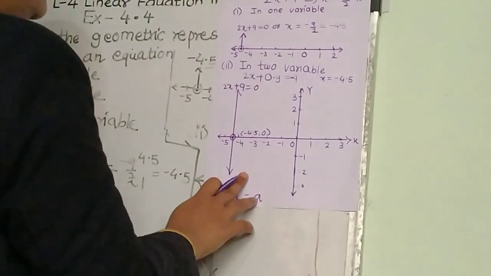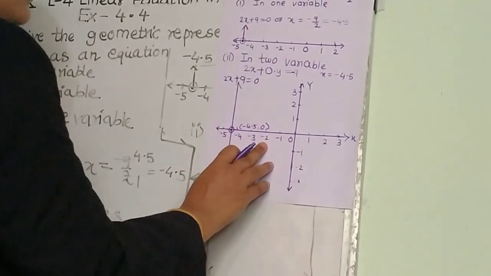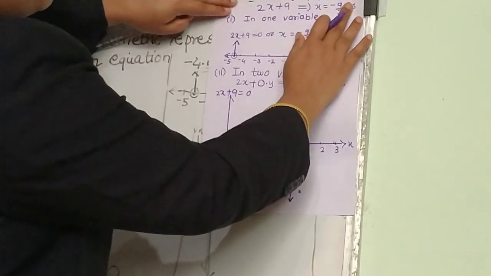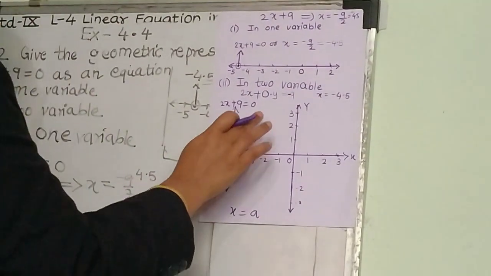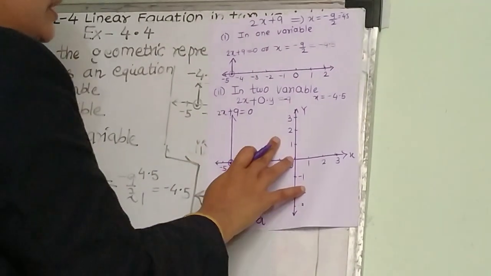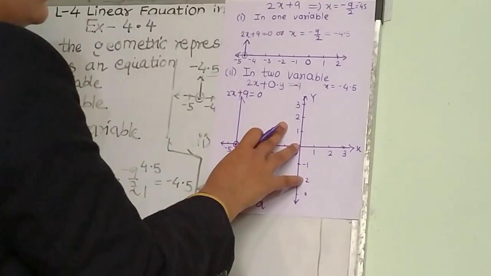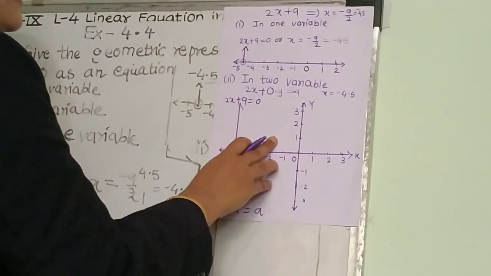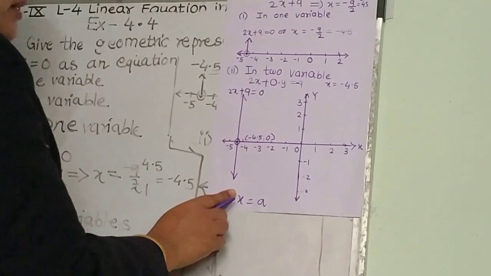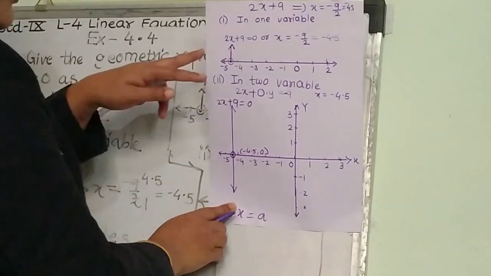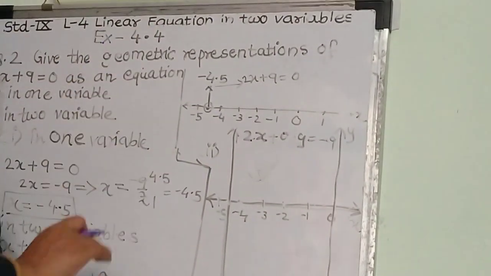So in this way you are going to solve the first question of exercise 4.4, first question as homework. In this way we are going to learn the whole lesson, lesson number 4, linear equations in two variables. So today we are going to finish our lesson, linear equations in two variables.